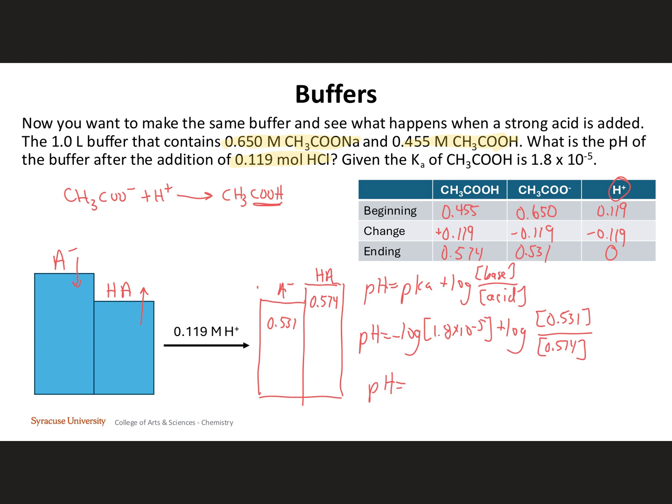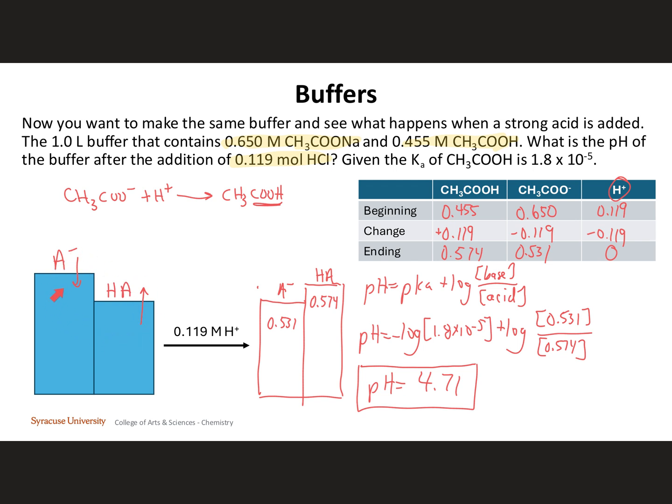Should get a pH of this solution. It should be lower than the last solution. It should be more acidic than the last solution because we added a strong acid, and it is. I got a pH of 4.71.